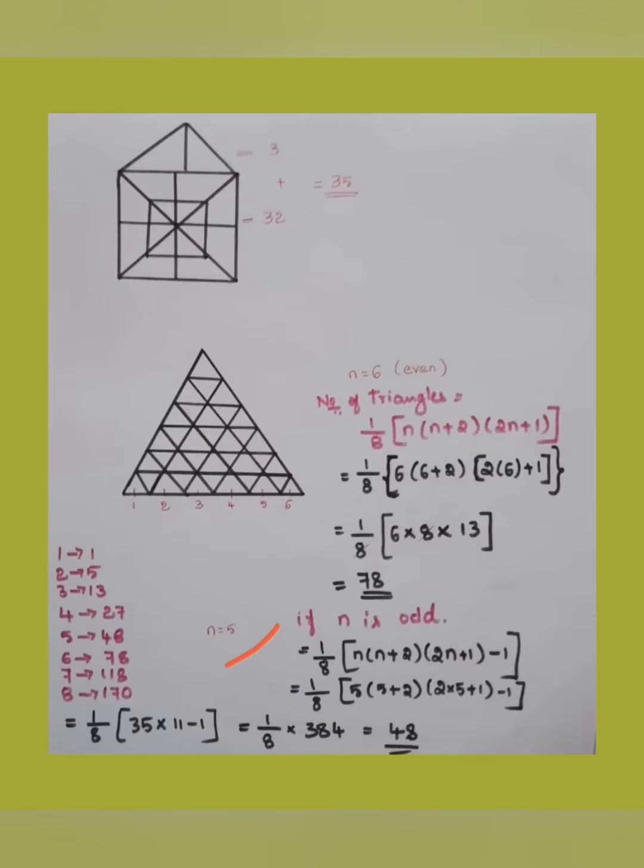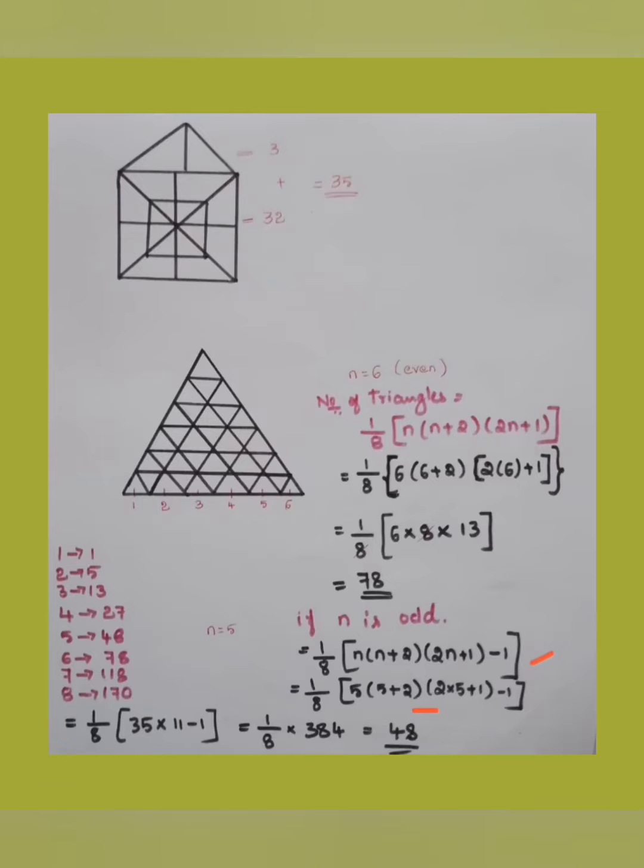Suppose n is an odd number, so we can substitute into the formula. A slight change from the above one, everything is the same except this minus 1. 1 by 8 of n into n plus 2 of 2n plus 1 minus 1. That is the formula to substitute, and substitute the n value as 5 and solve.